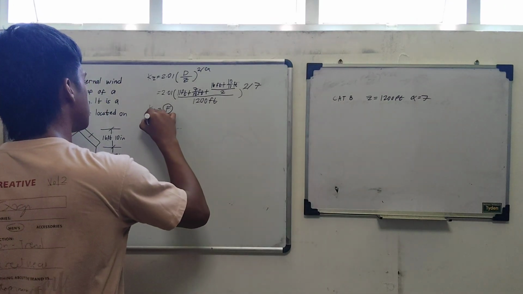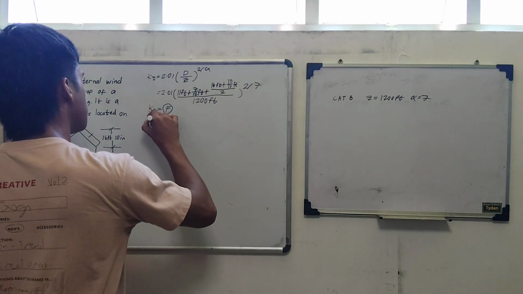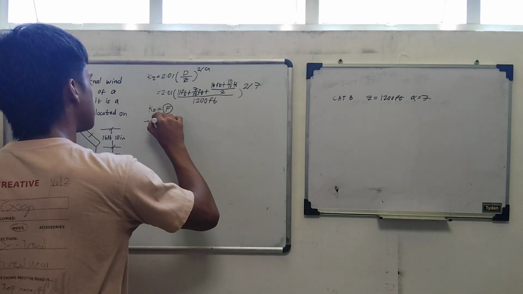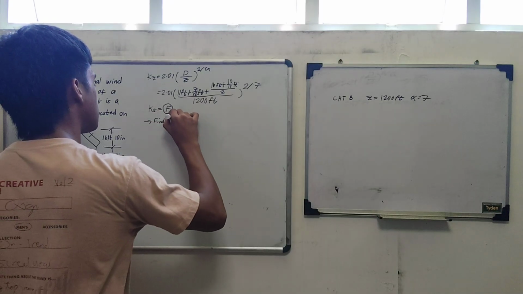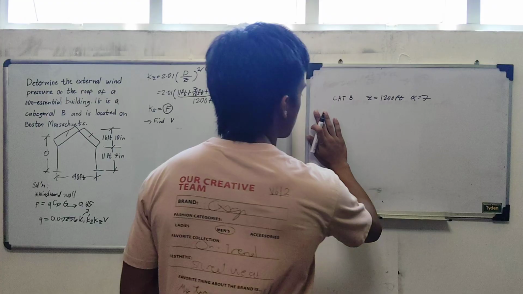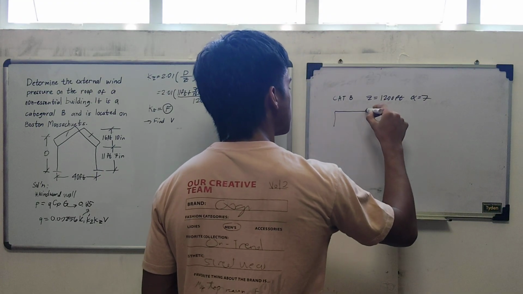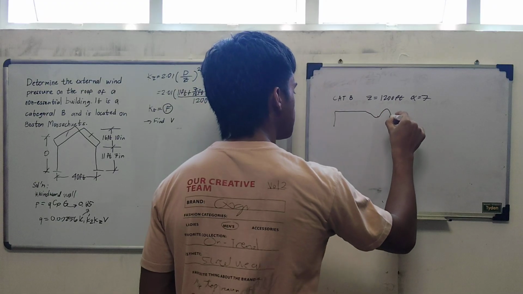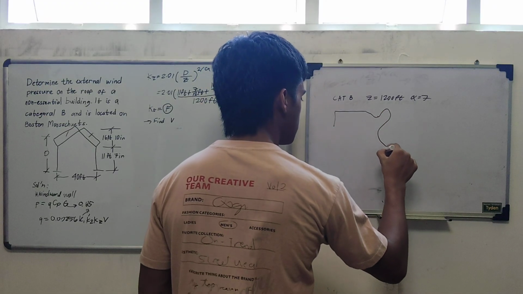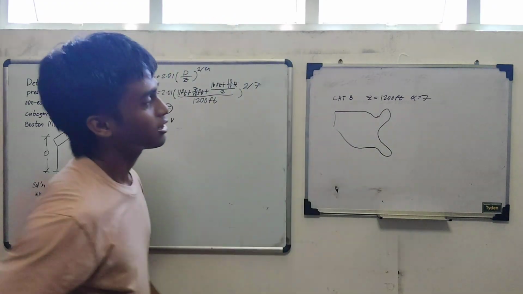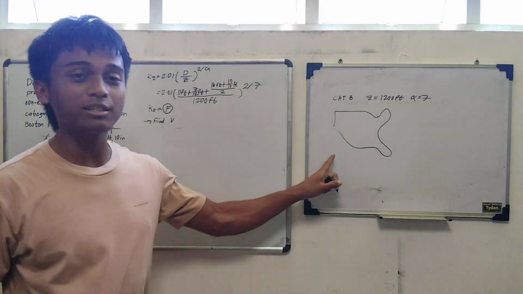Let's find V. In this case, we can relate it to this map here. It looks rough, but that is basically the US.